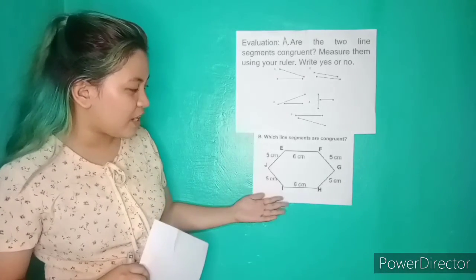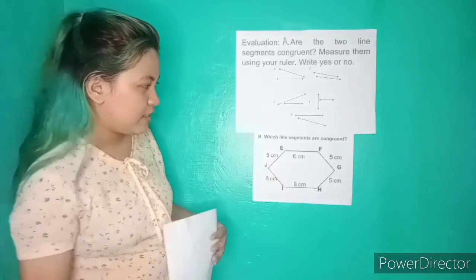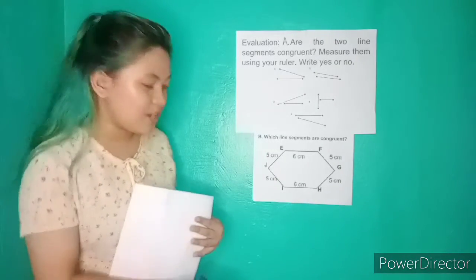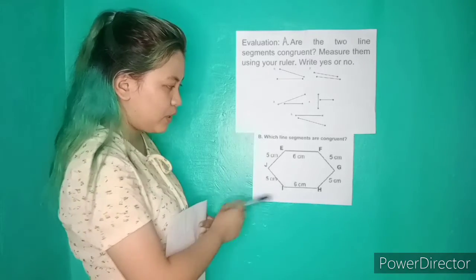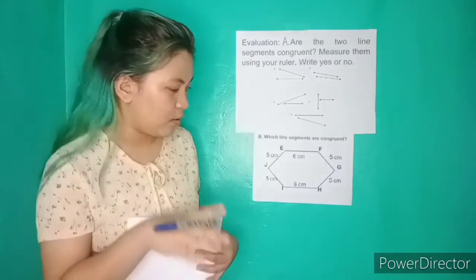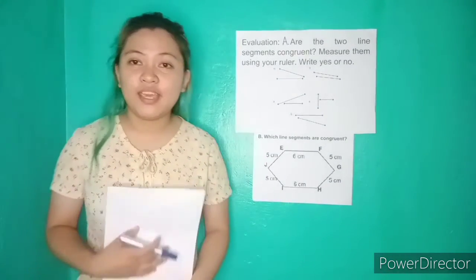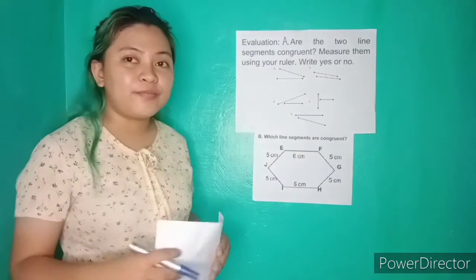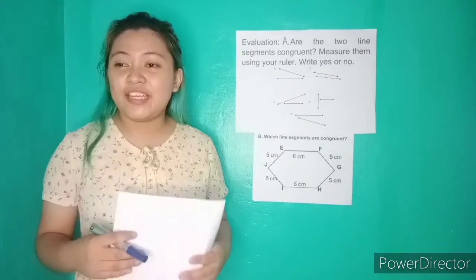We have here an illustration with different line segments which have different lengths: 5 centimeters, 5 centimeters, 6, and also 5 centimeters. You're just going to identify the lengths that have congruent line segments. Are there any questions?